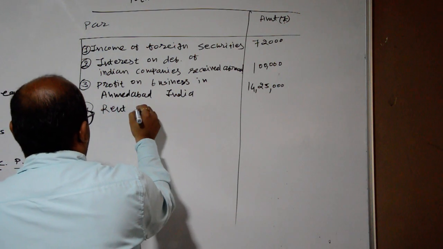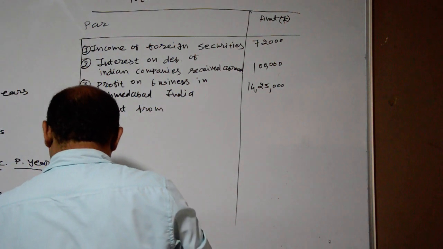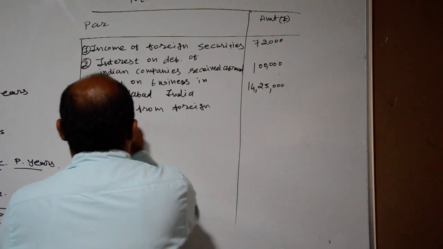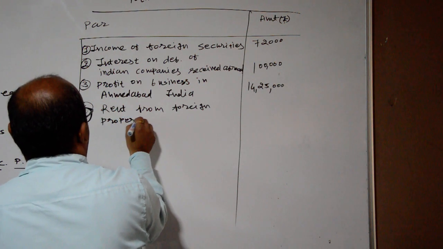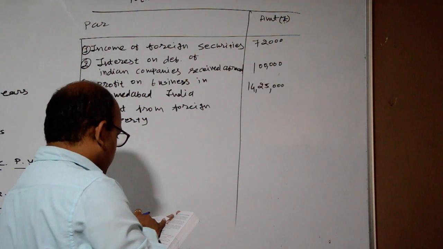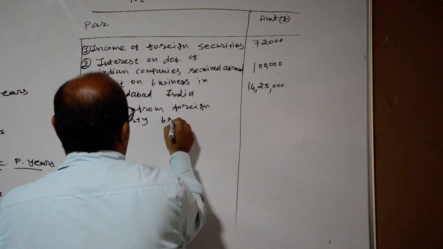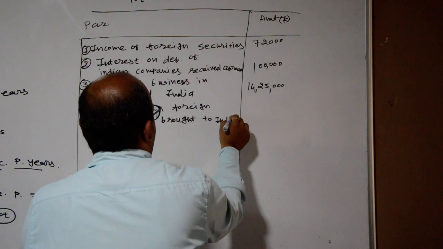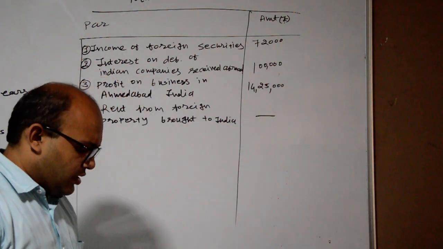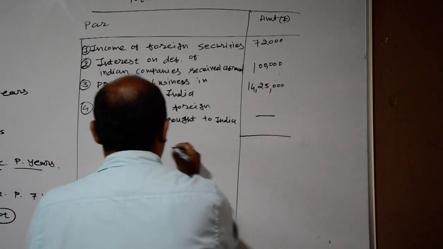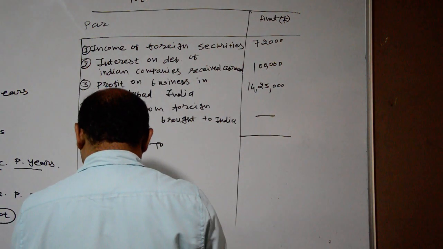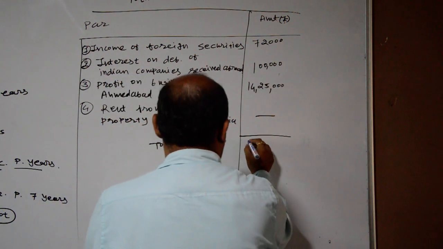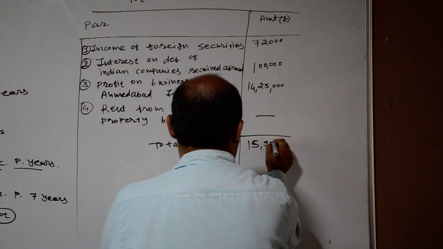Rent from foreign property, which was later brought to India, but it is not taxable. So total will be total income, because there is no further transaction. Total income 15,97,000.